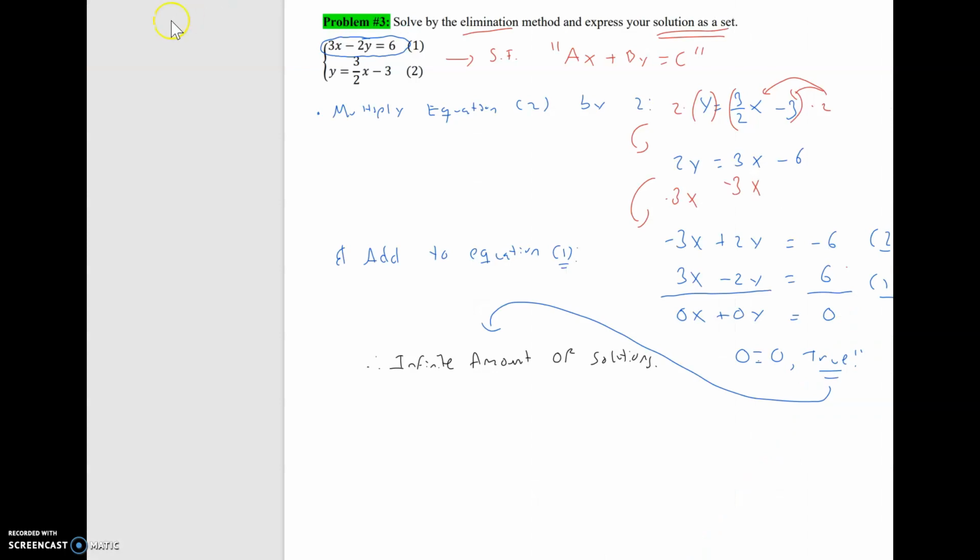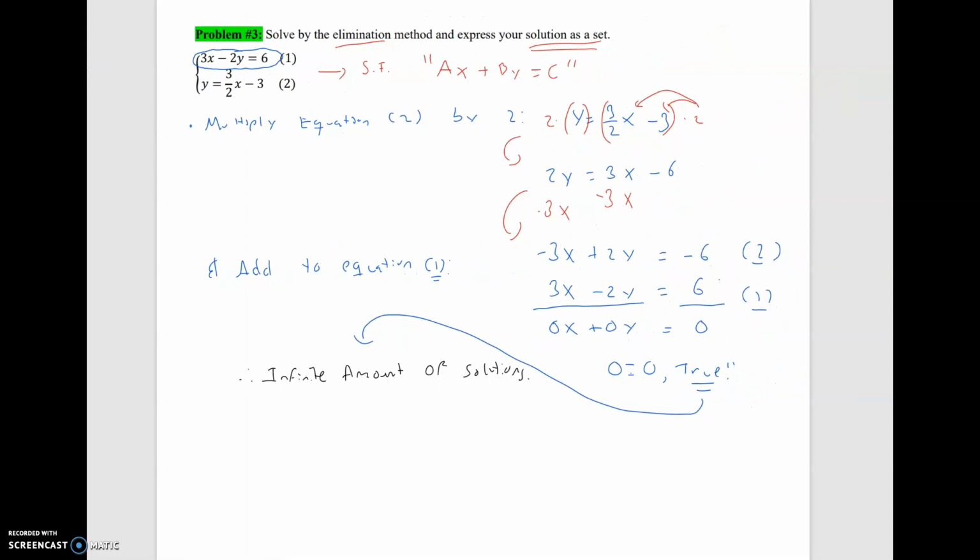Let's go back, because we haven't fully finished the problem. They were asking for a solution set. This is one way to rewrite the solution set.